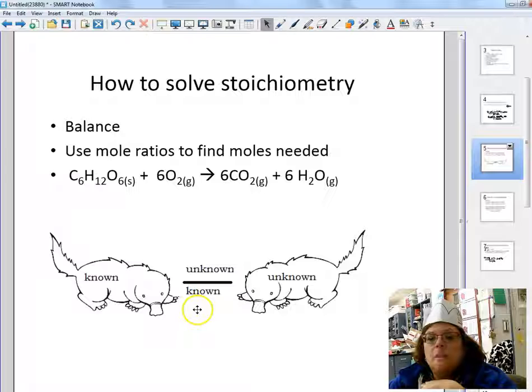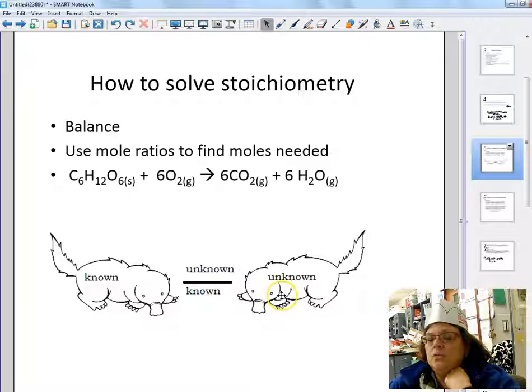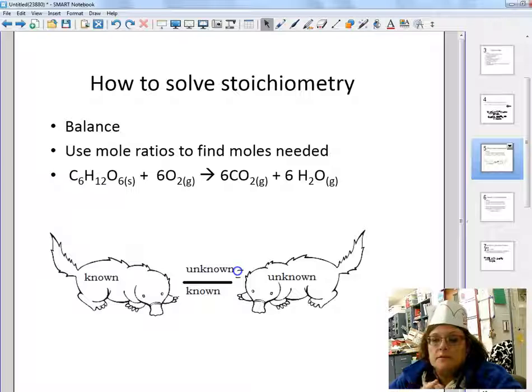You multiply them by the ratio of the known to unknown, which comes from your coefficients. And then you multiply, and that answer will give you your unknown. Okay, so I've given you a blank map like this on orange paper. So you pass that out now, please. And you're going to use that.